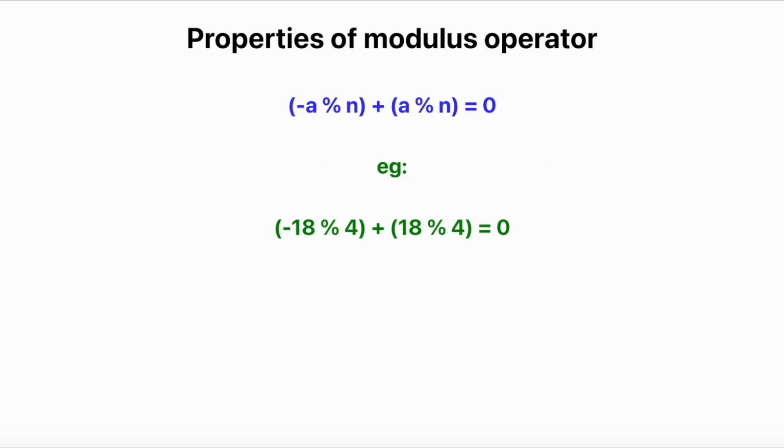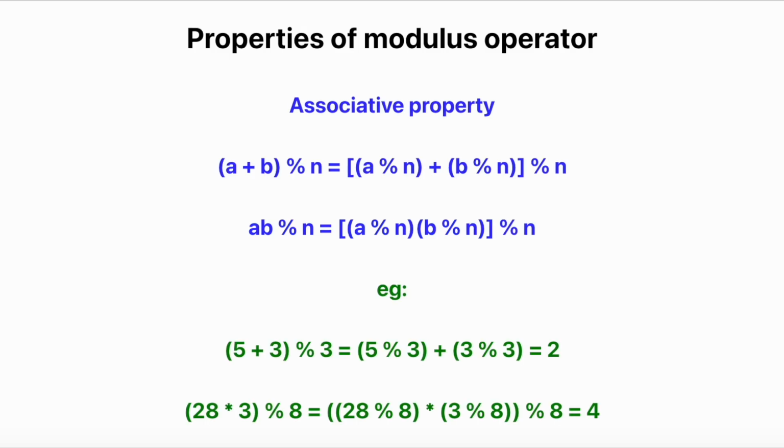Minus a mod n plus a mod n is equal to 0. Associative property. (a plus b) mod n is equal to ((a mod n) plus (b mod n)) mod n. (a into b) mod n is equal to ((a mod n) into (b mod n)) mod n. This is not an exhaustive list of properties of modulus.